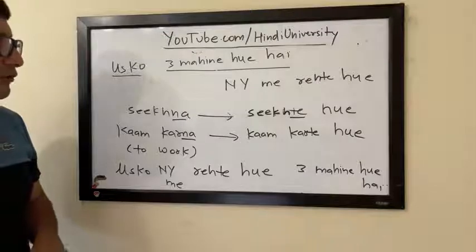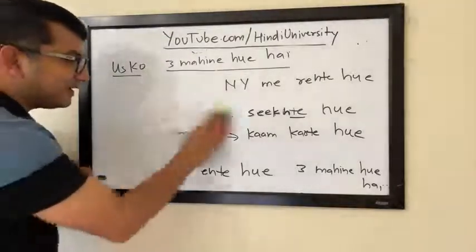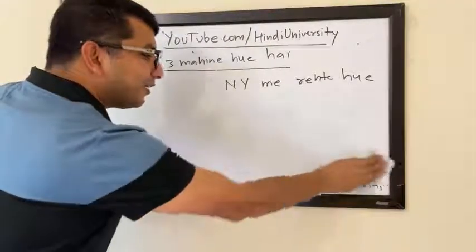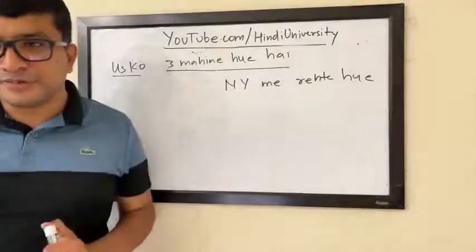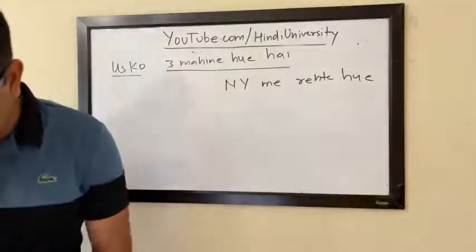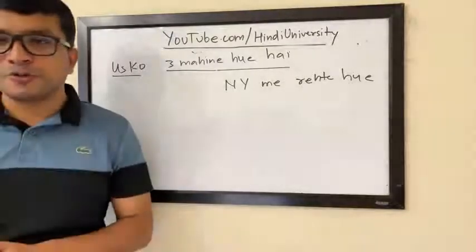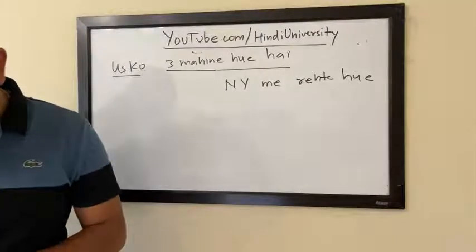Okay. Now I'm going to give a more funny one, which is everyone's favorite. If someone has been sleeping for 10 hours, how will you say that? It's been 10 hours since he's been sleeping. Why don't I ask all of you to write it down? 10 hours, okay?